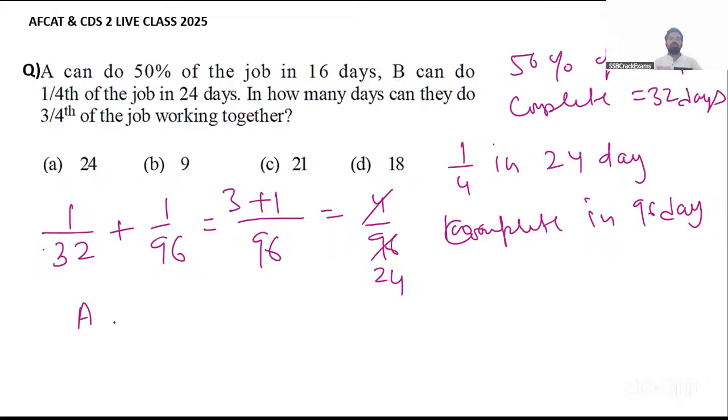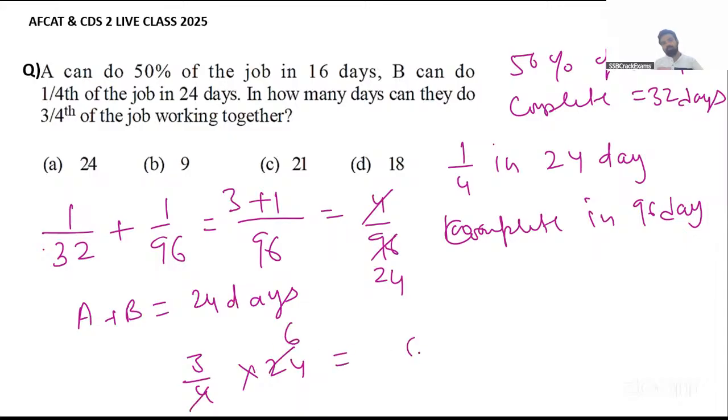So A and B can together finish the work in 24 days. They are asking for 3/4 of the work, so just calculate 3/4 of 24. That's it, 18 days.